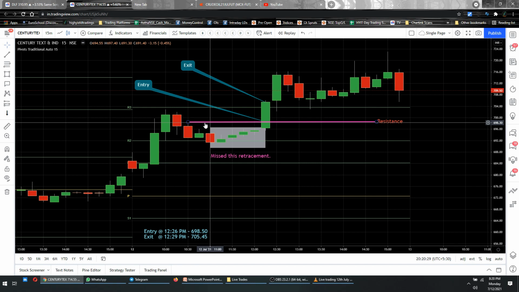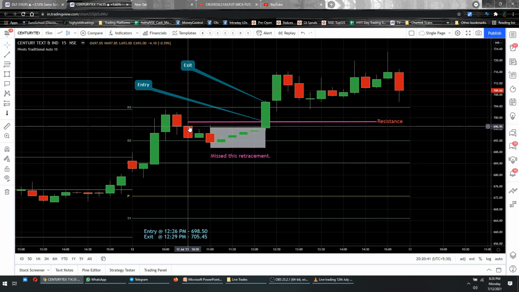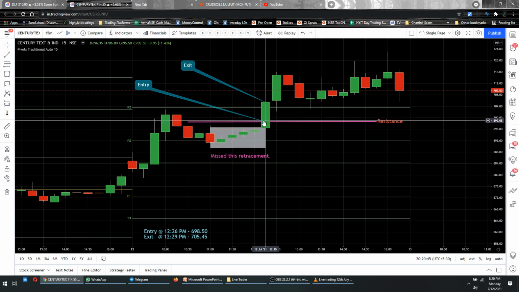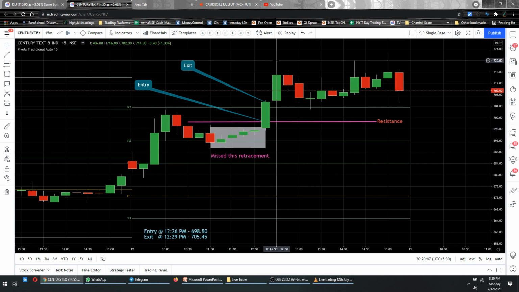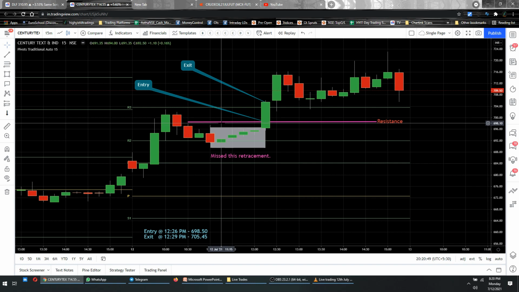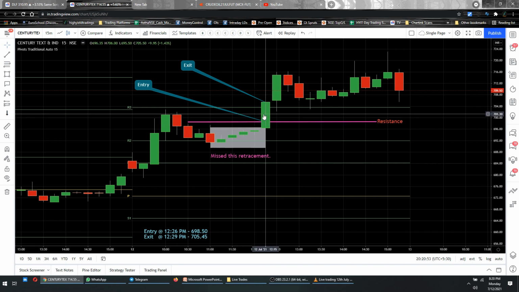So what did I do? I went ahead and placed a stop loss buy order at 698.50. Why 698.50? Because this candle's high has to be breached if CenturyTex has to go up, since this purple line is acting as a resistance. The resistance has to be breached in order for the script to go up.